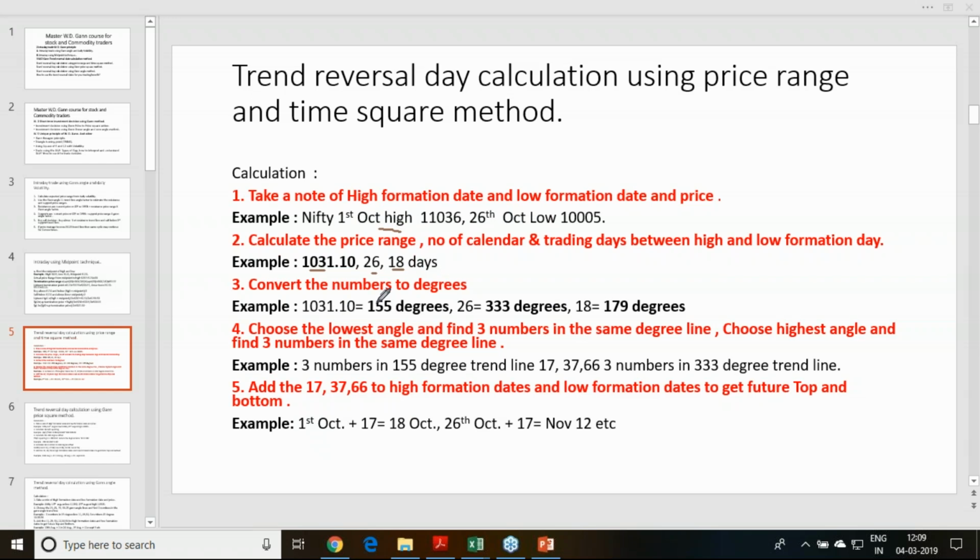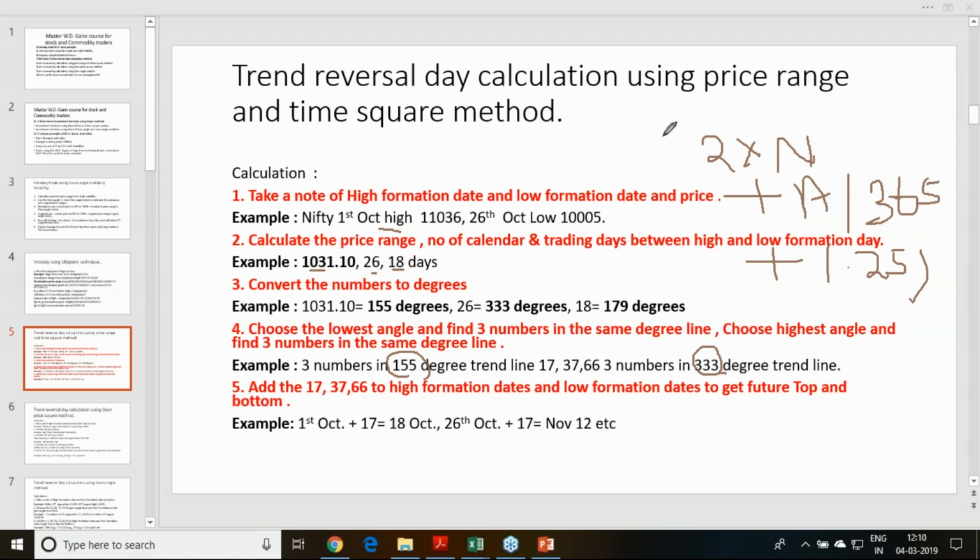We converted the entire thing to degrees, took the lowest degree and the highest degree, and used one formula: 2 into N plus angle, divided by 365, added with 1.25, and the entire result needs to be squared or double multiplied.